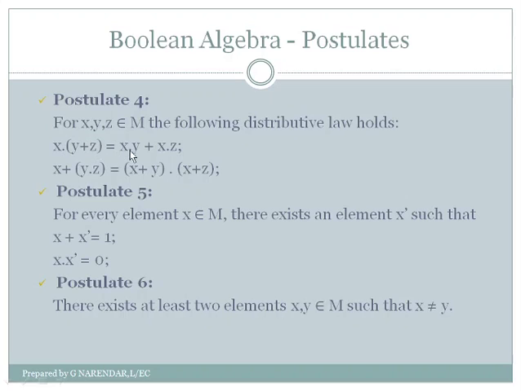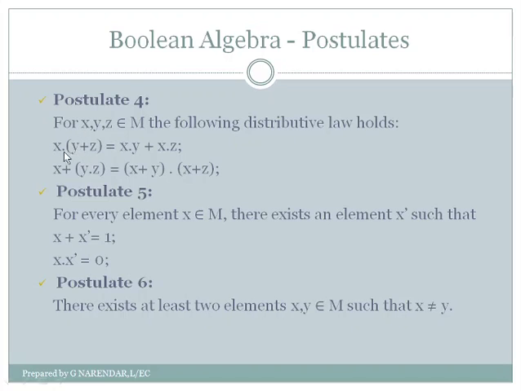So the OR operation is performed first, that is, between the two elements y and z, so y or z, and after that the AND operation is performed between this result and x.